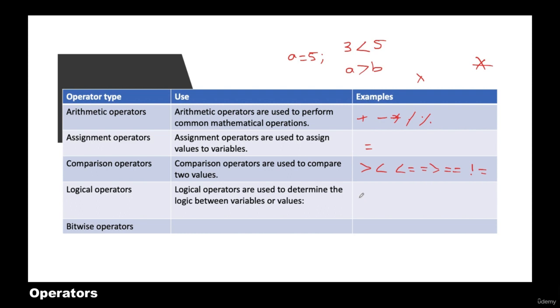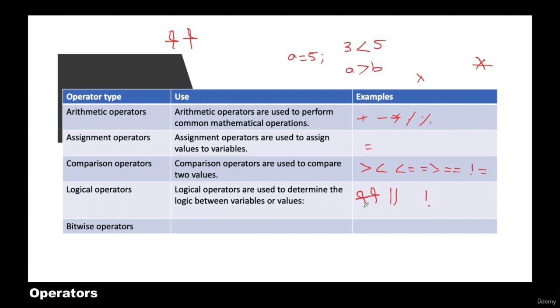Mainly we have the AND logical operator, OR logical operator, and NOT logical operator. The AND logical operator is two ampersand symbols. We use this operator to check two conditions.